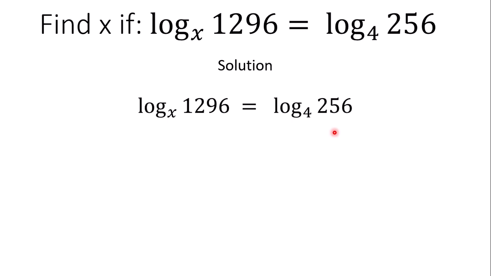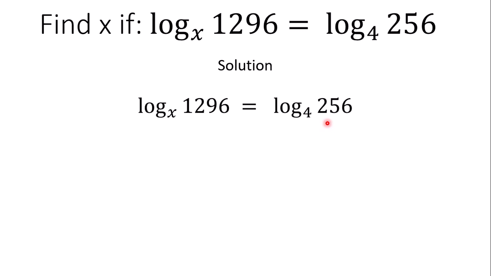And then we know how to convert 16. We know how to rewrite 16. That is 2 raised to the power 4, right?